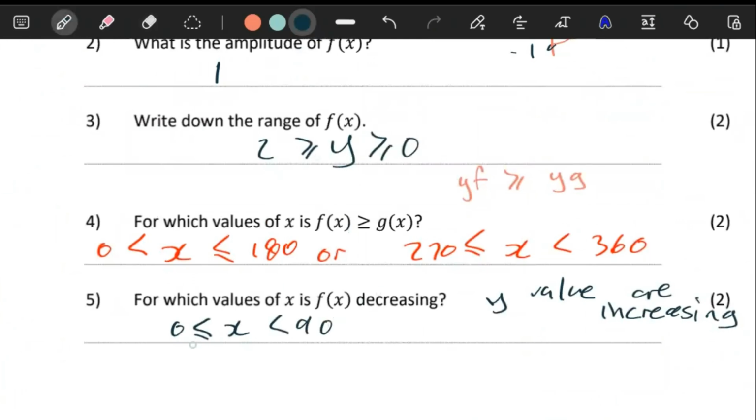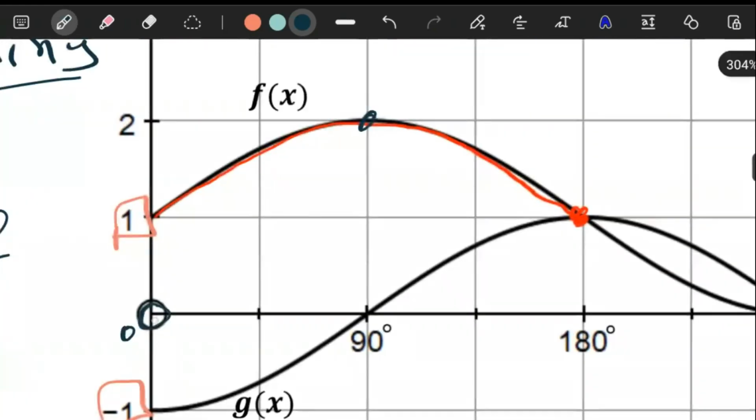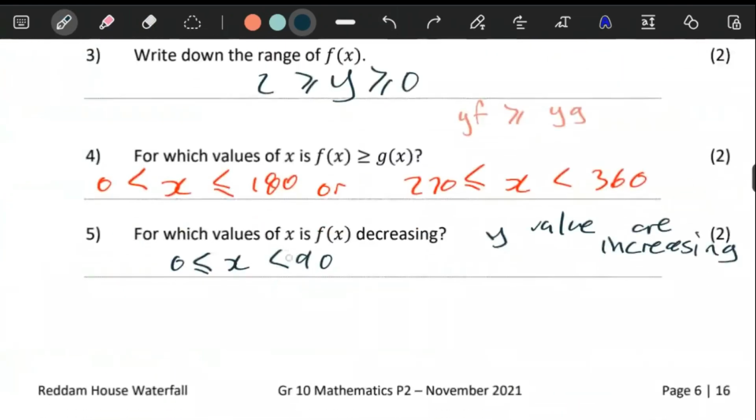The reason we're saying bigger or equal to 0 is because specifically where the x values are 0, the graph is still, the y values will be increasing. You see, because to the left of this graph, it would just have been looking like that. So it's at 0 here, it's going up until here. Here specifically, it's not increasing at all. So you have to say smaller than 90 instead of saying smaller or equal to 90.